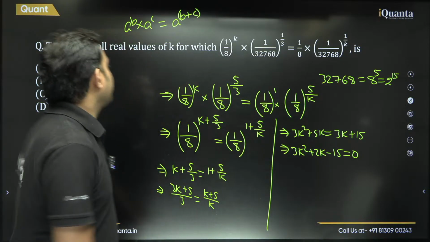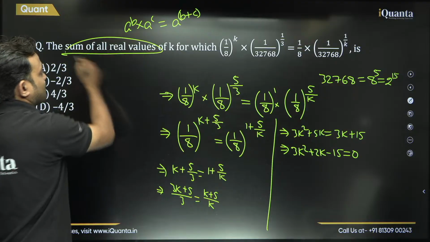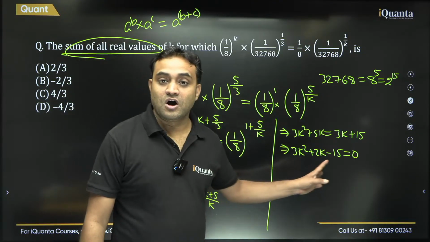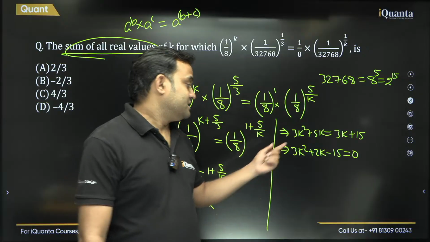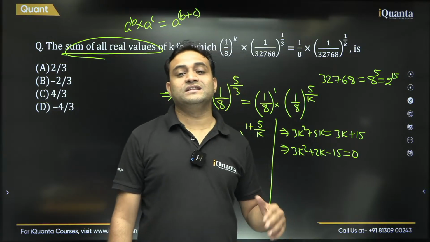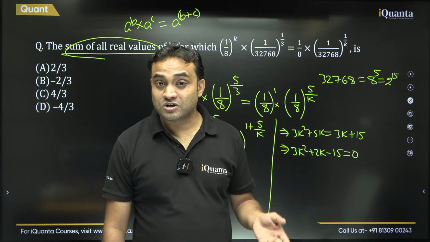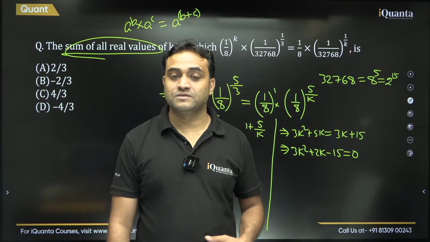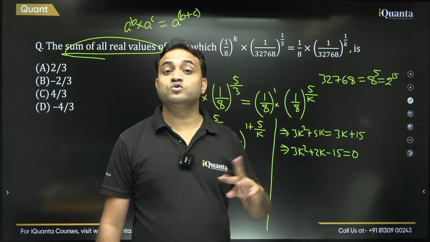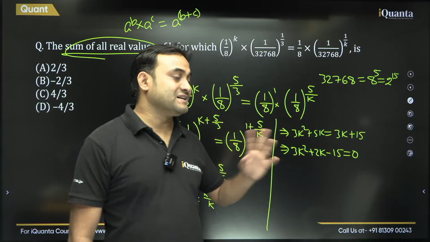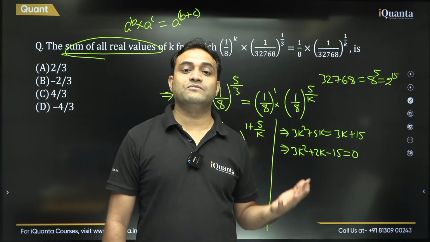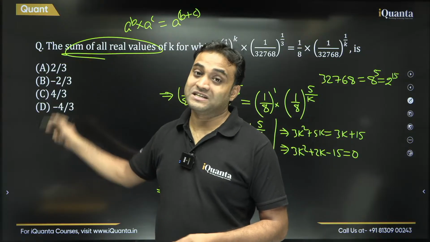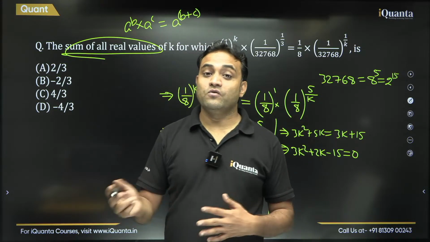Now we need to find the sum of all real values. This equation could have either two imaginary solutions or two real solutions. If you check the discriminant, it is positive, so definitely it will have two real roots. Although if it doesn't have two real roots, the sum would be 0, but 0 is not an option, so we don't need to check it.